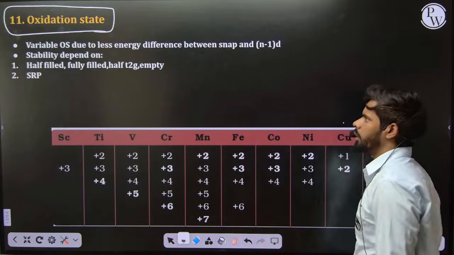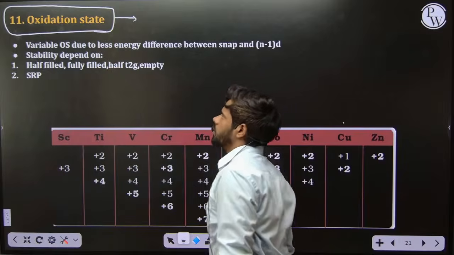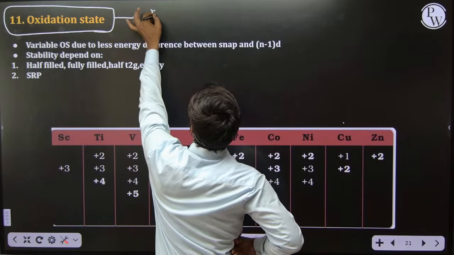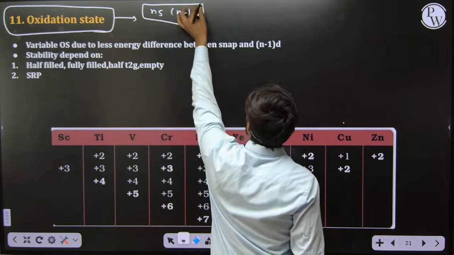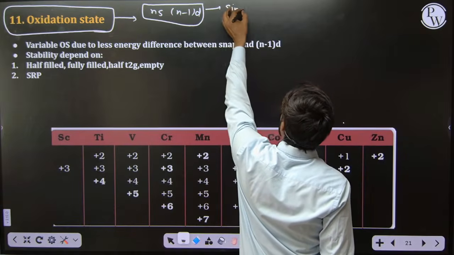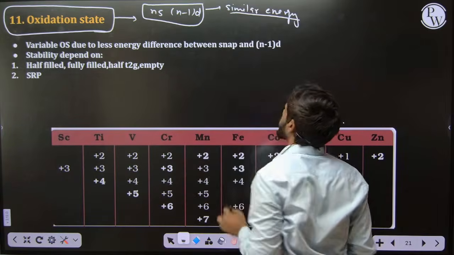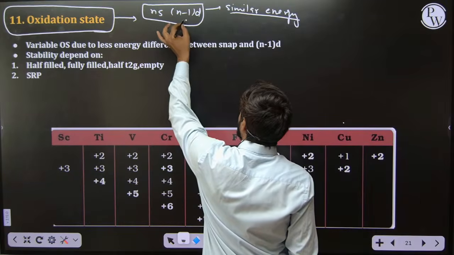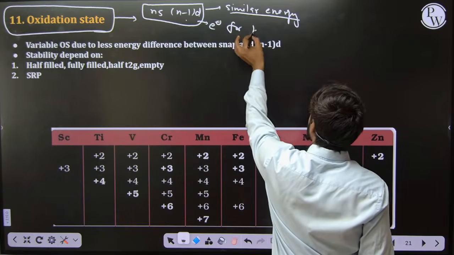Since d block elements have variable oxidation states, this is because the ns and (n-1)d electrons have similar energy, and the difference is very small. In this case, both the ns electrons and (n-1)d electrons can be used for bonding.